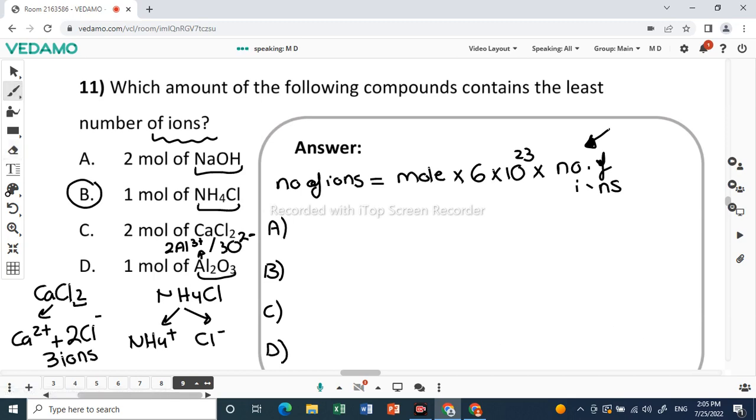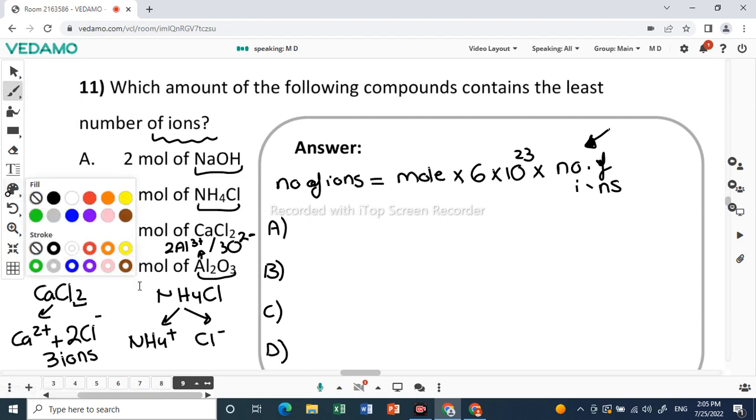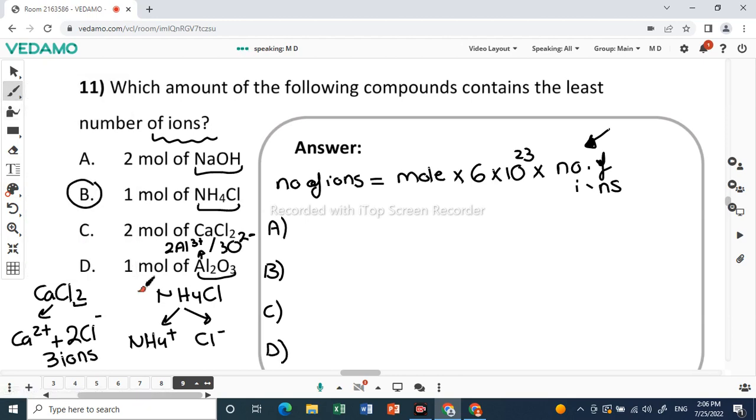So I'm going to do it another time, but in a simpler way. This is a tip that will help you in paper 1. No need to use 6 times 10 to the power of 23. It is presented each time, so it's a constant number. So for A, I'm going only to take the moles multiplied by the number of ions.